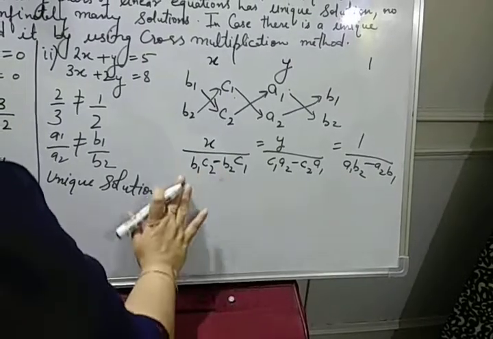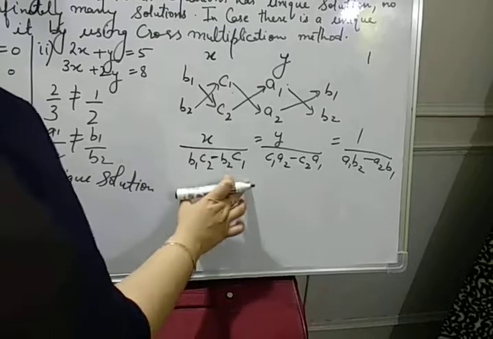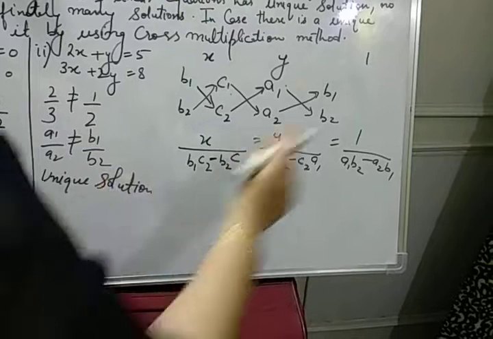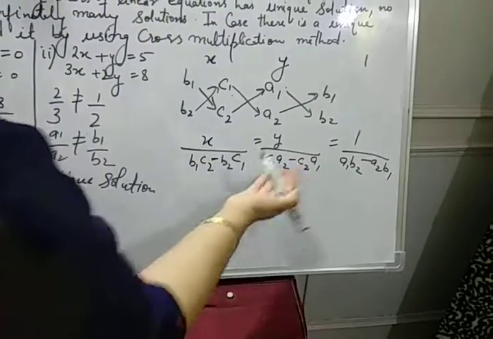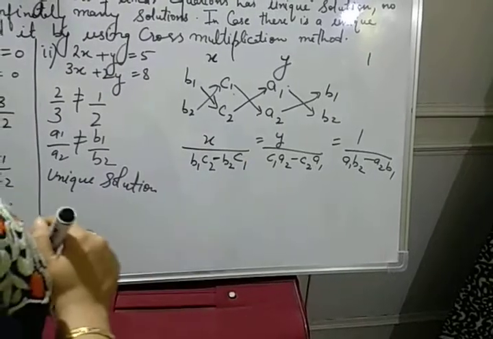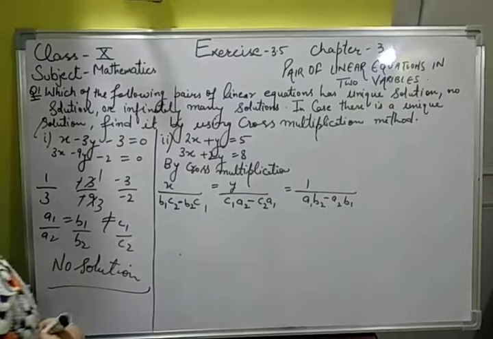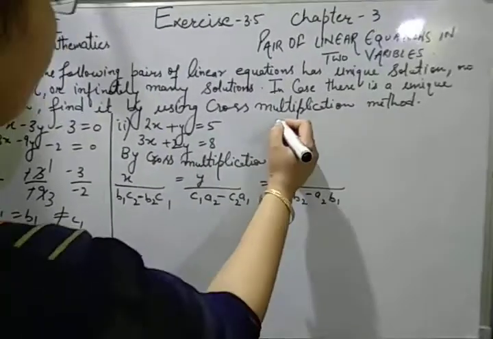We have to put the values here, and after that if we equate this variable term with the constant term, we can find the value of the x variable, and if we equate this term with this constant term, we can find the value of the y variable. Now this is the cross multiplication method. First of all, we will write the values of a1, b1, c1 and all.